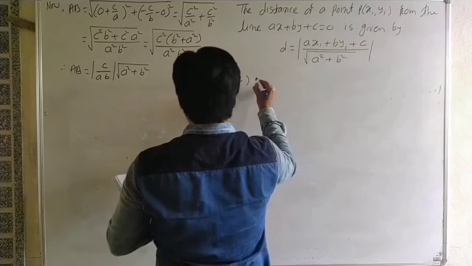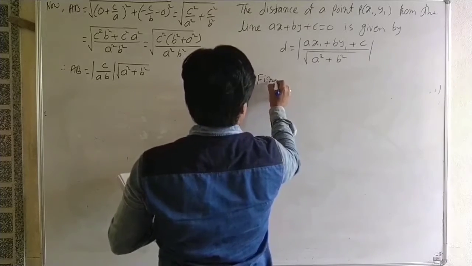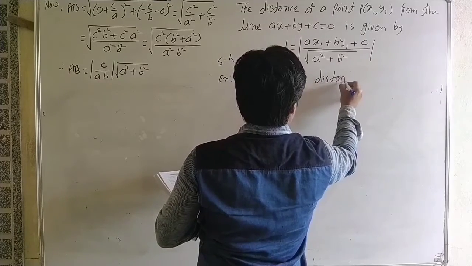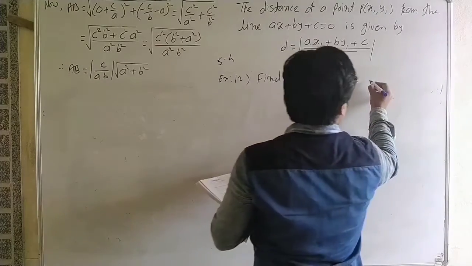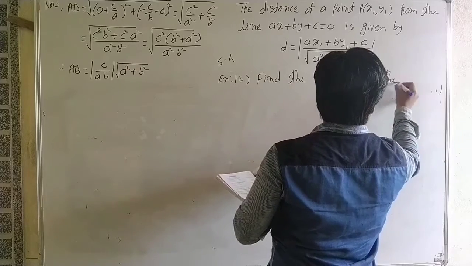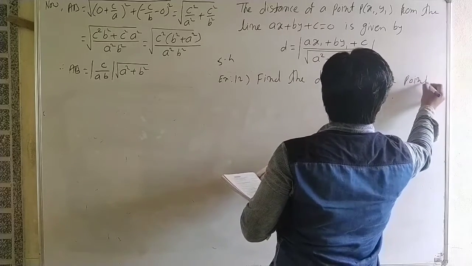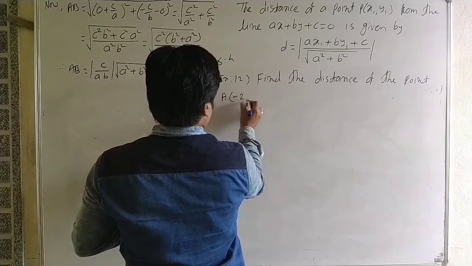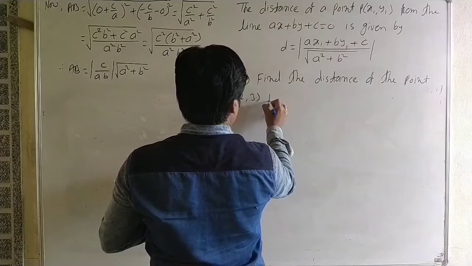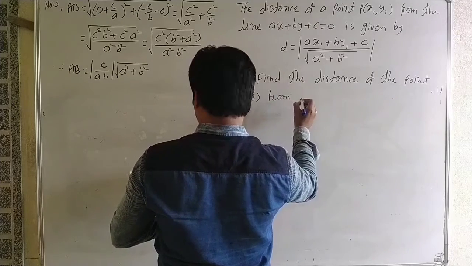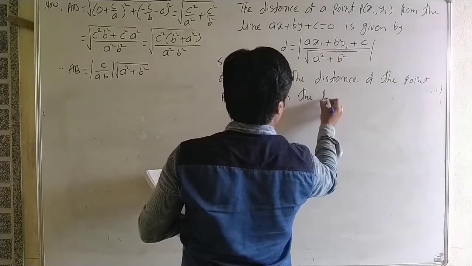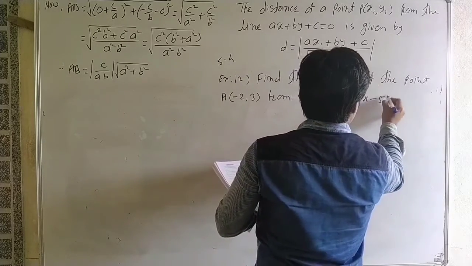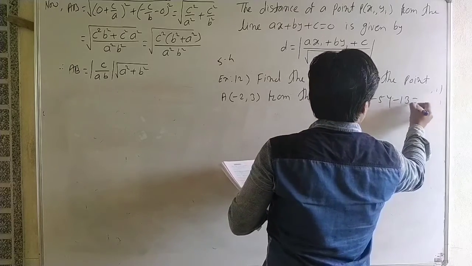Find the distance of the point minus 2 comma 3 from the line 12x minus 5y minus 13 equal to 0.